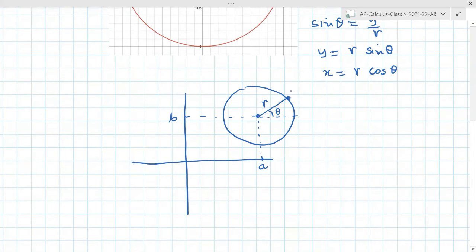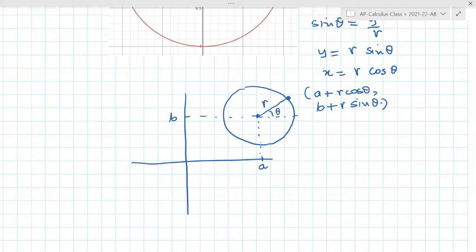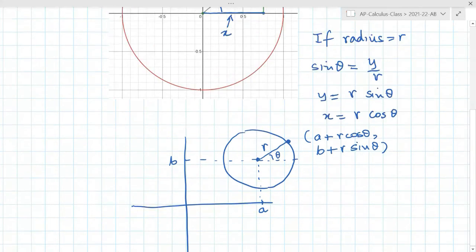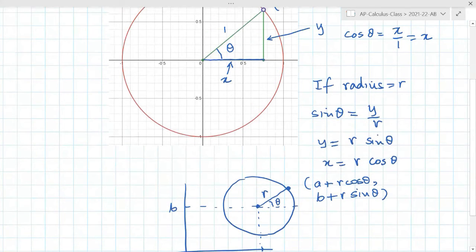Then the coordinates of this point are, so it got shifted by A, so A plus R cosine theta, right? And B plus R sine theta. If you just move the circle somewhere, the coordinates of the point will become like that. But since we put the center at the origin, that A and B go away. And if we make radius R as 1, then it is just cosine theta and sine theta.